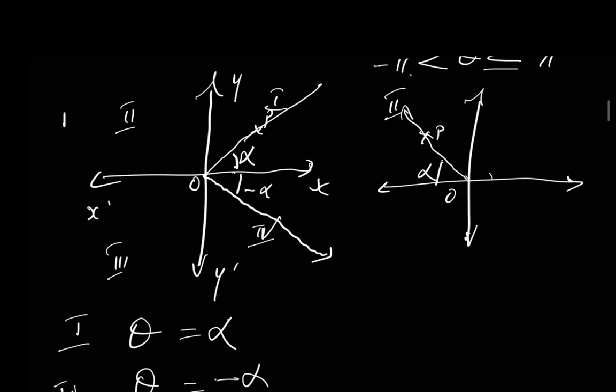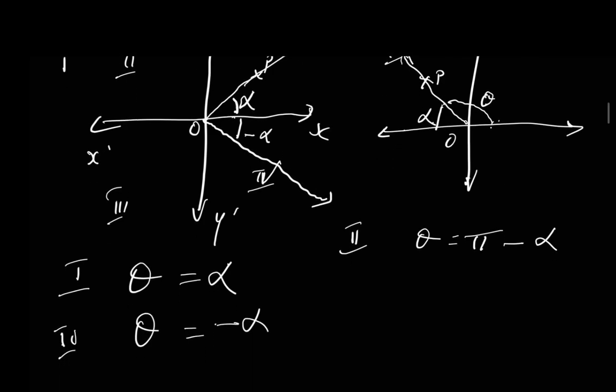But the argument theta is the angle measured from the x-axis in the anti-clockwise direction. So how do you take the value of theta here? Here is alpha, but I need to get theta. The whole straight line angle is pi, so from this I subtract alpha. So this is your second quadrant argument unique value: theta is equal to pi minus alpha.